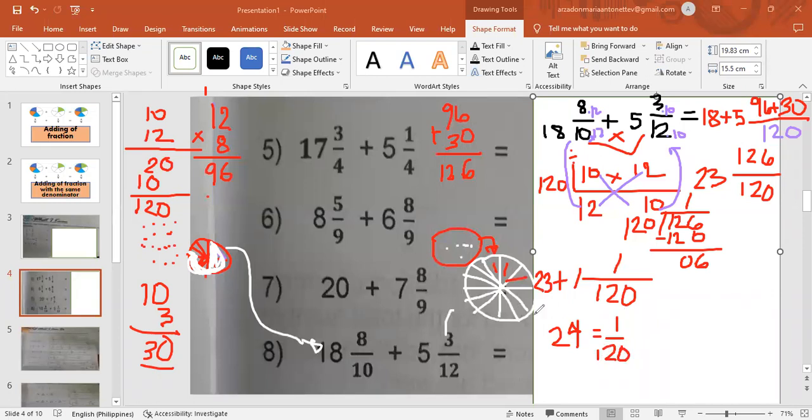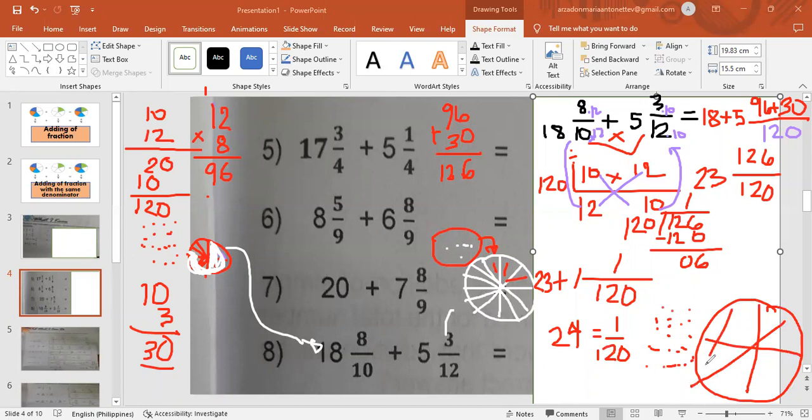Okay, so that's it. Meaning we have 24 pieces of pizza, and one of them with 120 parts has 120 parts of pizza.